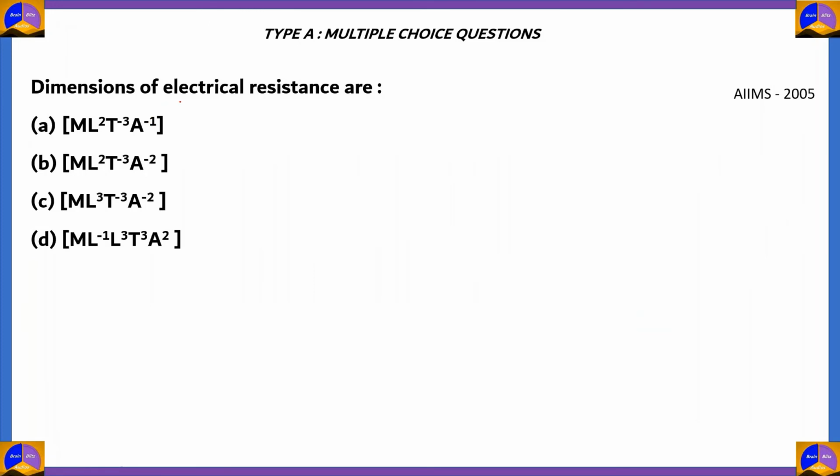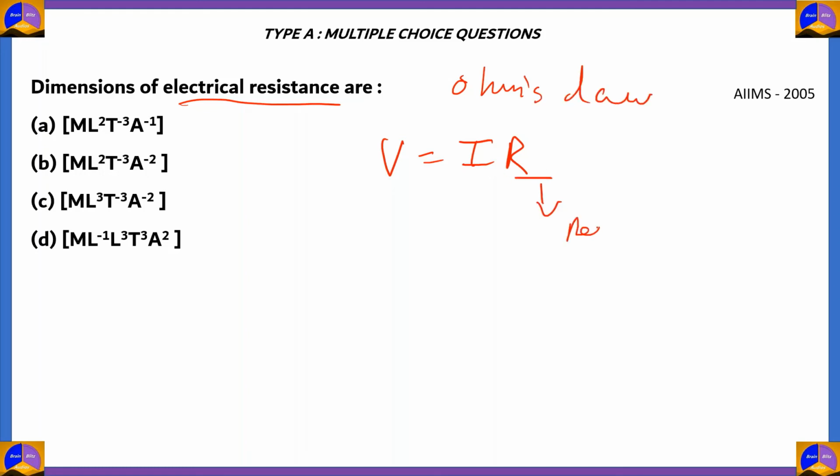Next question, the dimensions of electrical resistance are. So how do you use electrical resistance? In grade 10, you've studied V is equal to IR, the Ohm's law. Therefore, this R is the resistance. So what we do is we rewrite this formula as R is equal to V by I. So this is simple, right?